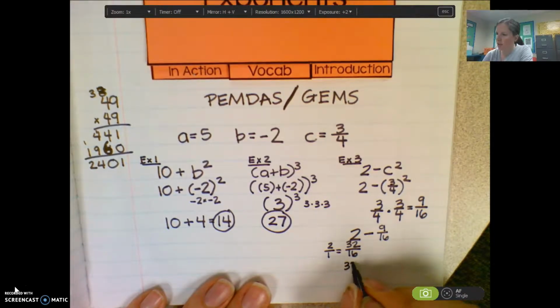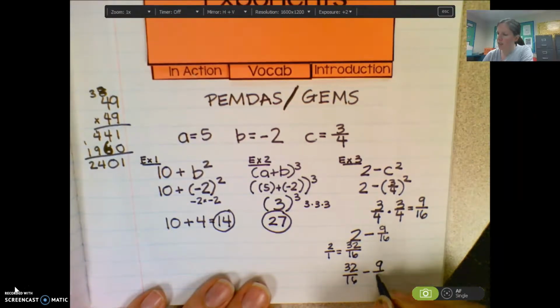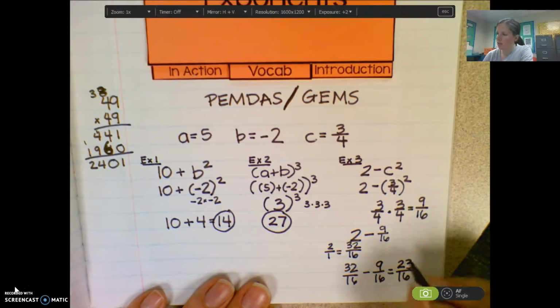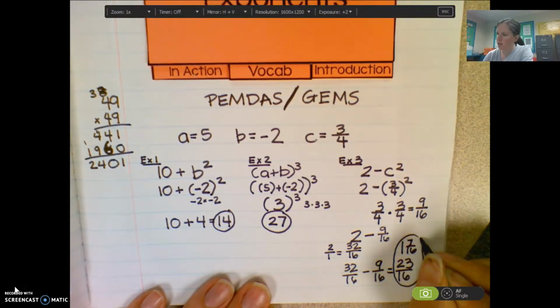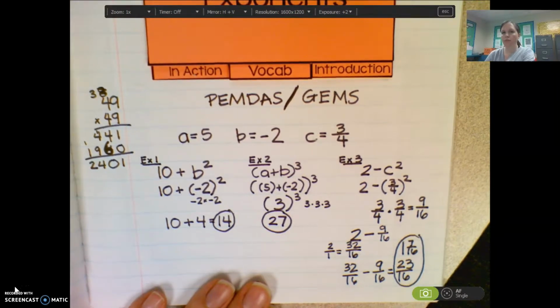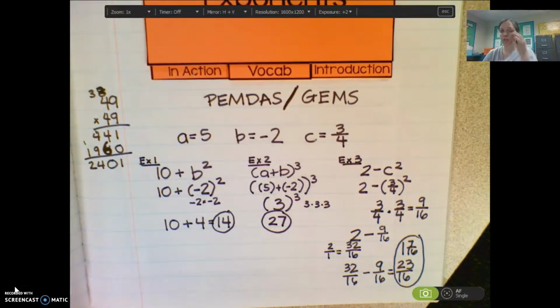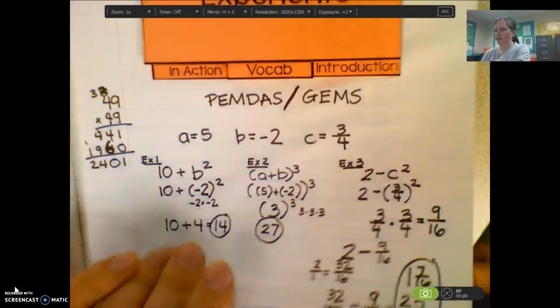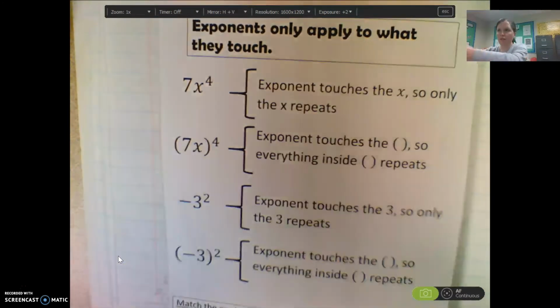So I'm doing 32/16 minus 9/16, which means my final answer should be 23/16, or I'd also accept 1 and 7/16. Either one of those answers would be my final answer. So order of operations, we're throwing in exponents too, so we have to take those into consideration as well. Okay, so I'm going to get our focus in order here.